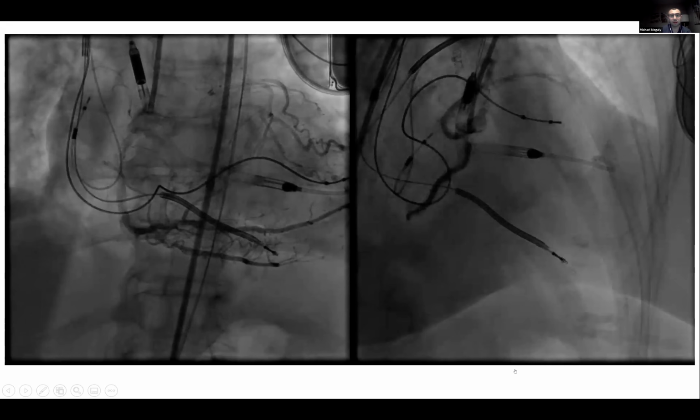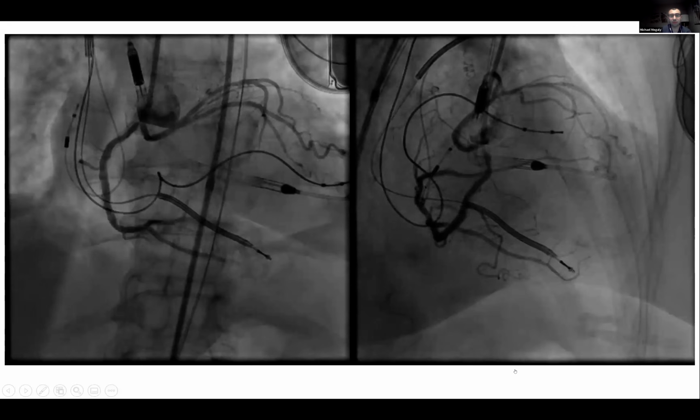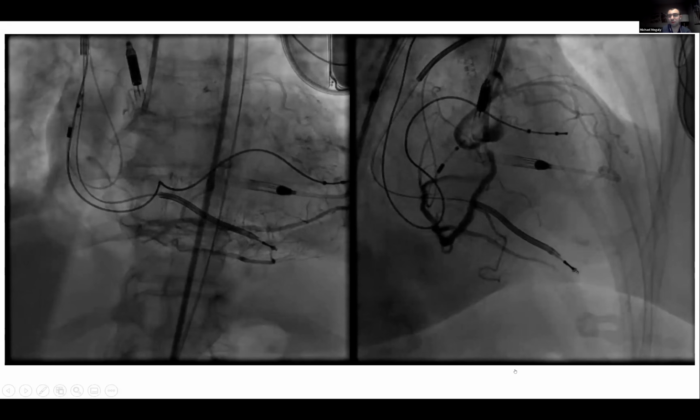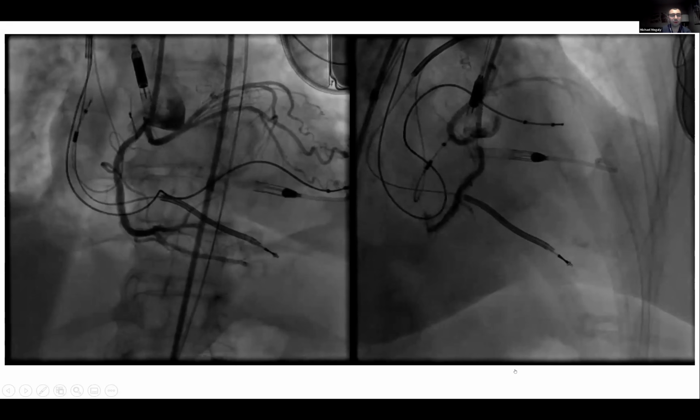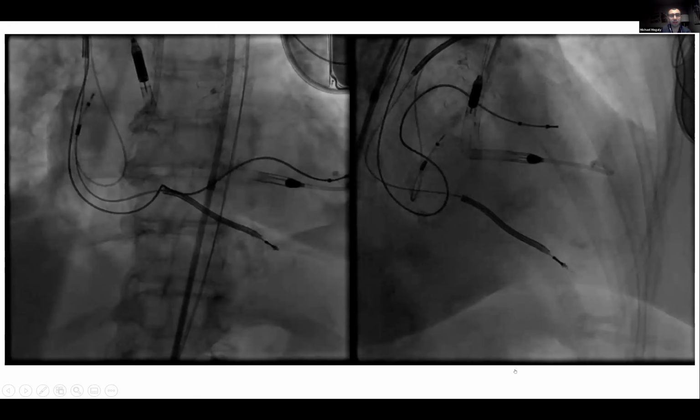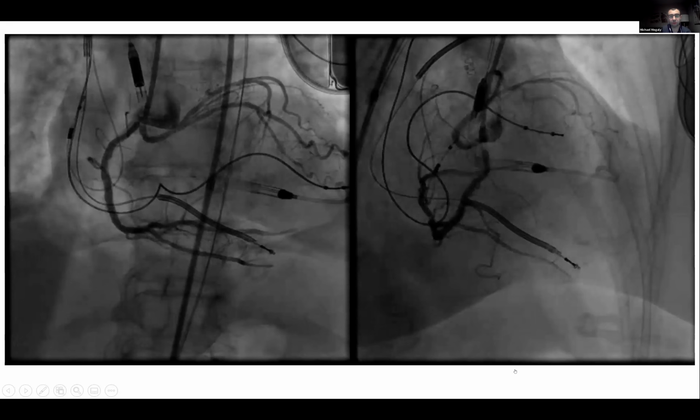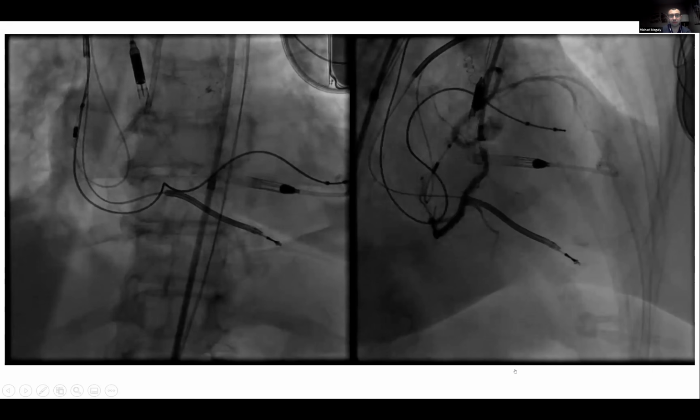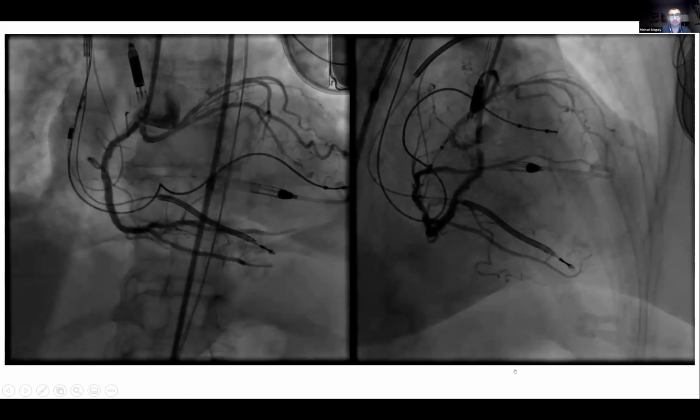And she already had an ICD in place, so we did not have any concern regarding going bradycardic or anything. The decision here was to go promptly with atherectomy of these two lesions.